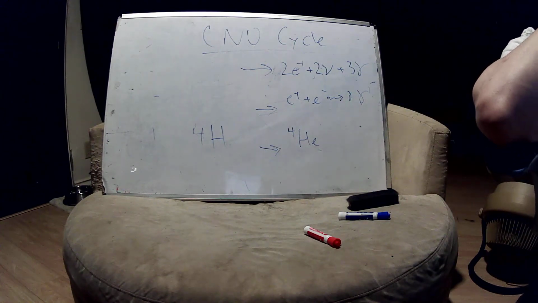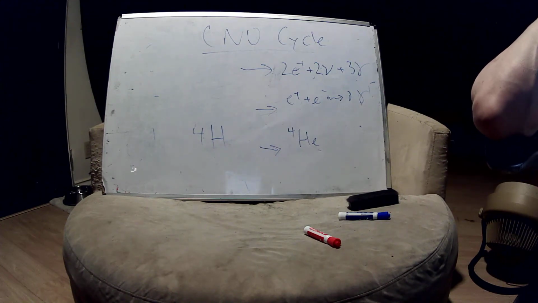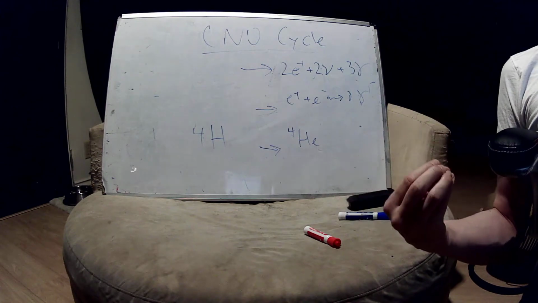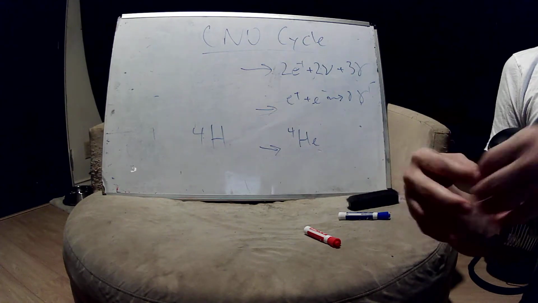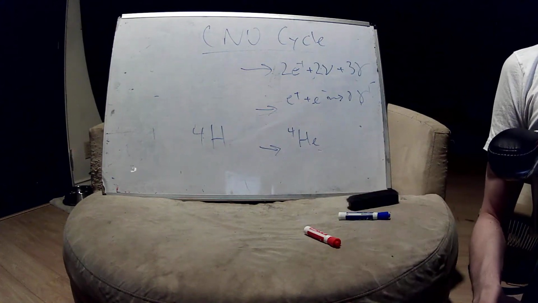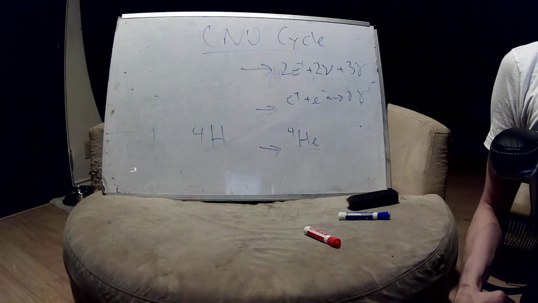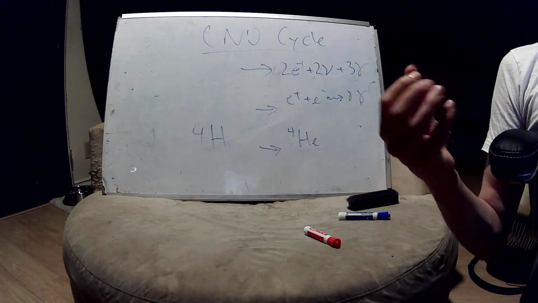And so, if iron ends up in the core of a star, where energy is supposed to be generated in order to try to keep the star afloat against its own gravity, right? Remember that stars have to maintain a hydrostatic equilibrium against their own gravity, otherwise they crush, right?